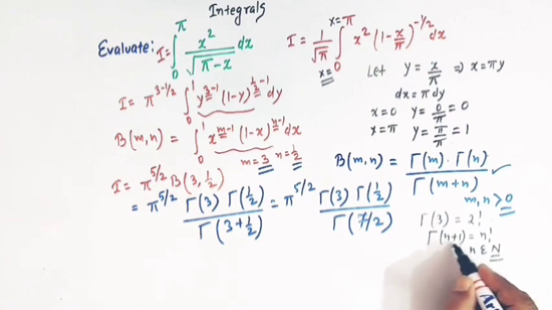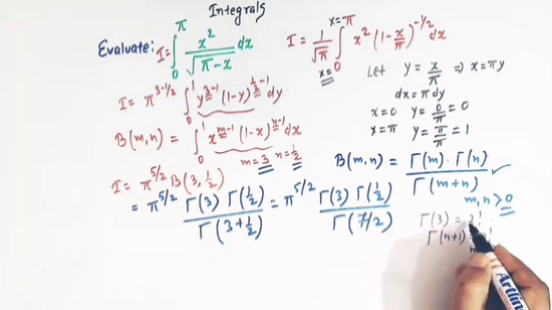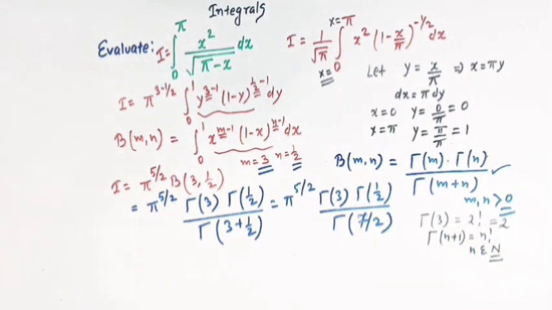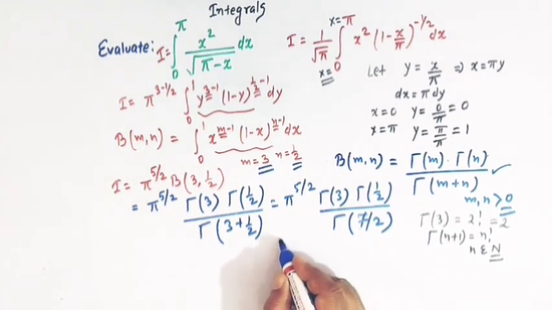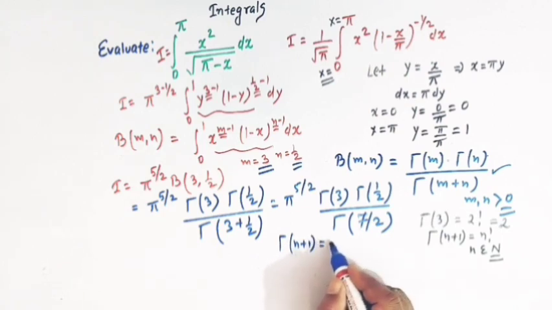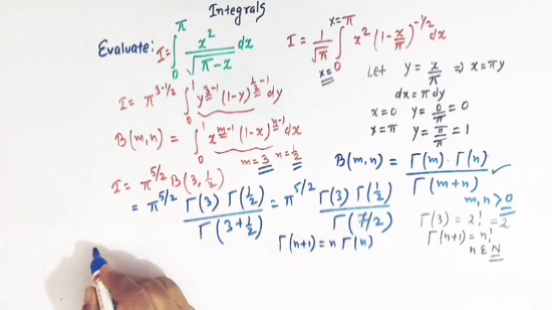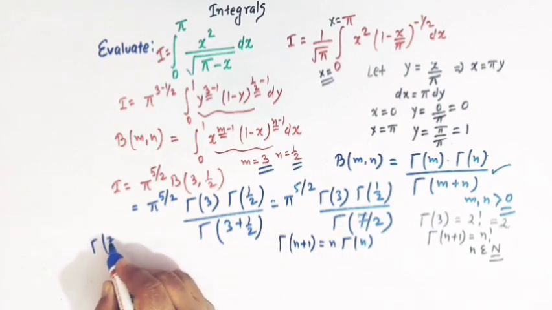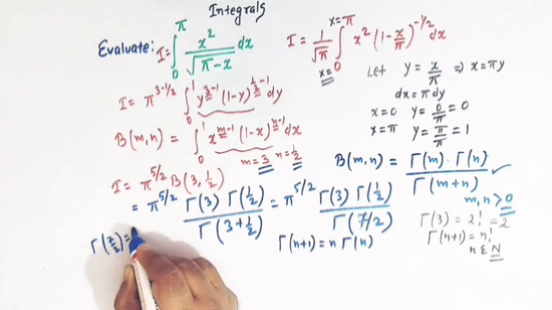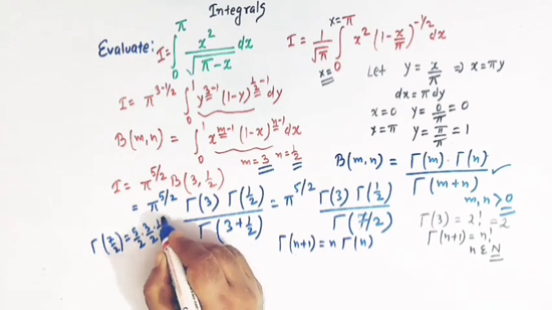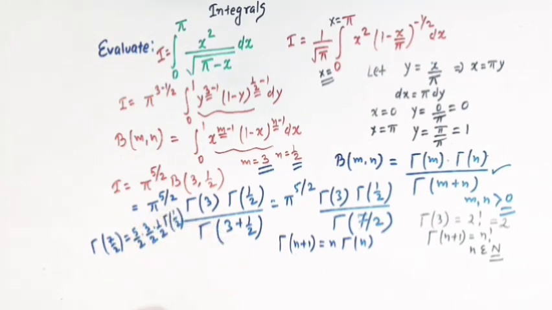So using this relation, we have gamma of 3 is equal to 2 factorial, which is equal to 2, right? And using an important relation, that is gamma of n plus 1 is equal to n times gamma of n, we can write gamma of 7 by 2 as 5 by 2 times 3 by 2 times half, and then we have gamma of half, right, due to this result.